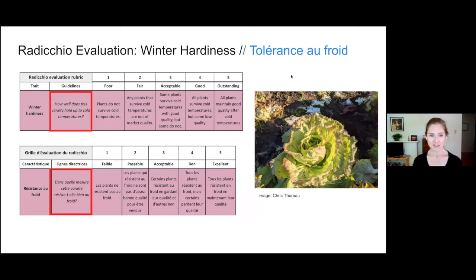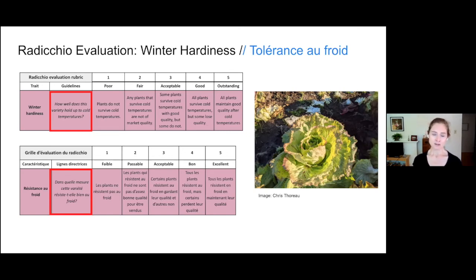For winter hardiness, again, cold is relative given your climate, generally involving frost, and probably a harder frost. So basically, when it gets what you identify as cold, like wintertime, a range from plants don't survive, there's nothing to harvest, to plants look good after maybe repeated frost events or cold temperatures.